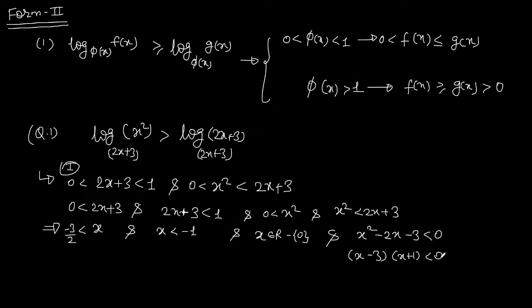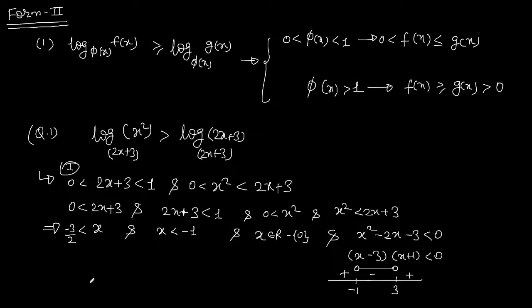The product of the roots is 3 into minus 1, which is minus 3. The sum of the roots is 2, and it is minus of the coefficient, which is minus 2. When you plot these numbers, we have 3 and minus 1, with plus, minus, plus. So x is between minus 1 to 3.